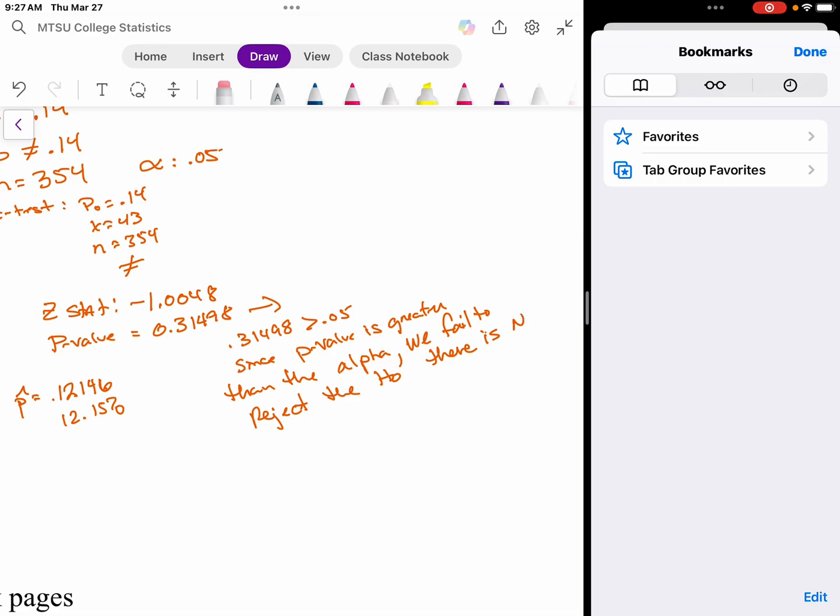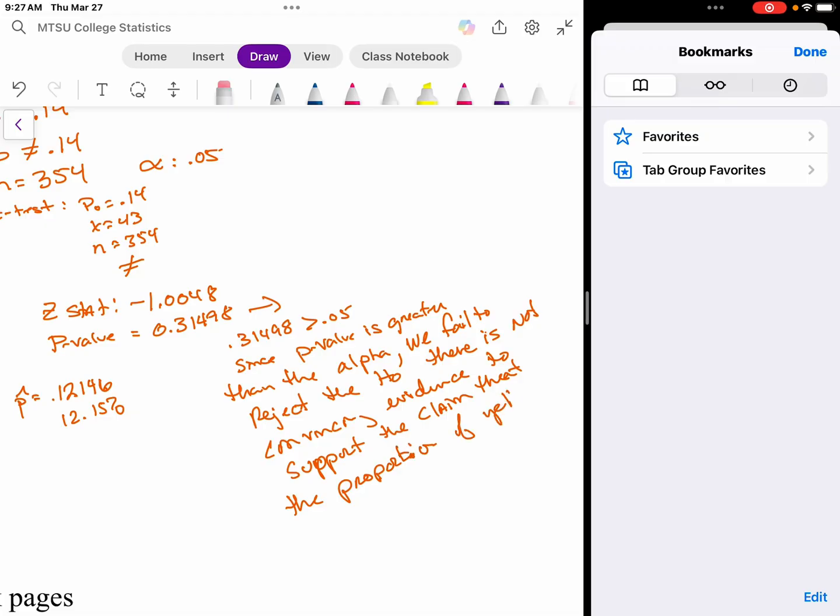There is not convincing evidence to support the claim that the proportion of yellow M&Ms in a bag of M&Ms is different from 0.14.